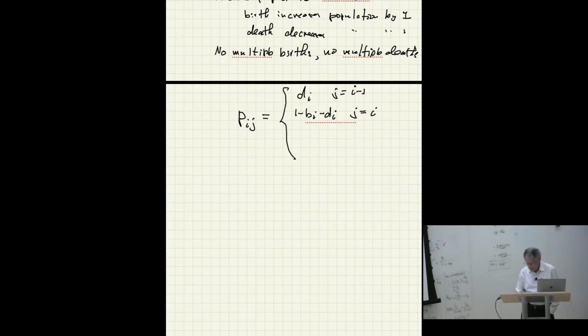So let's say that next. b sub i is the probability of a birth from state i, and then the next state is i plus 1. And there's no probability of anything else. You can't have multiple births or deaths.